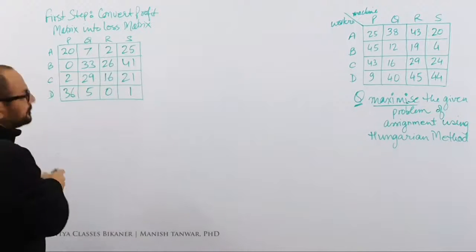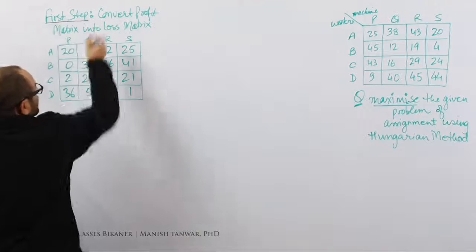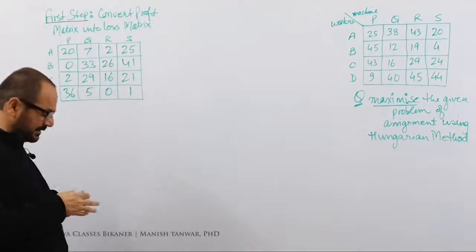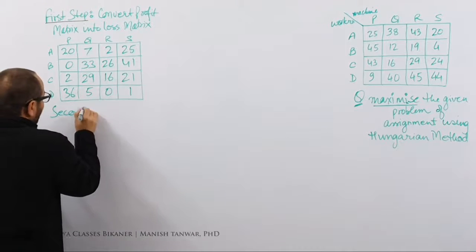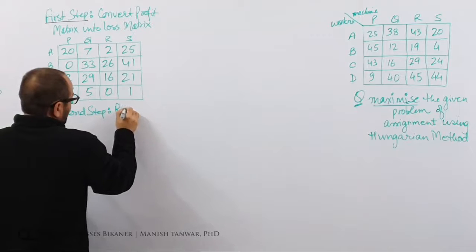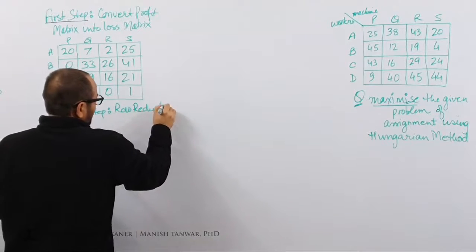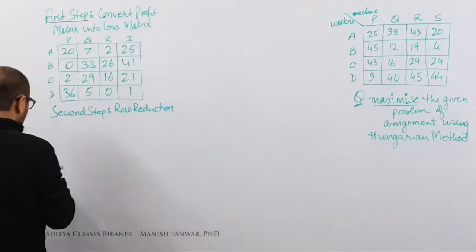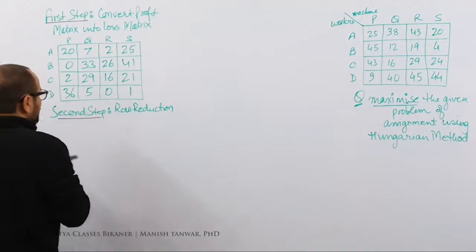How do we minimize it? First step was to convert the profit matrix into a loss matrix. Second step is row reduction, or you could go for column reduction, it hardly matters. But the idea is we need to go for both row reduction and column reduction.